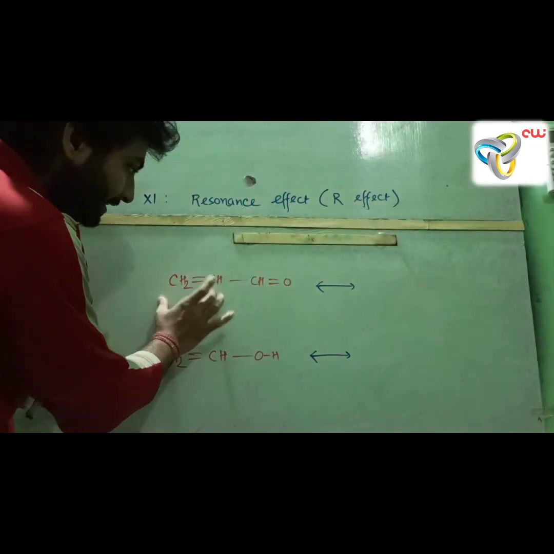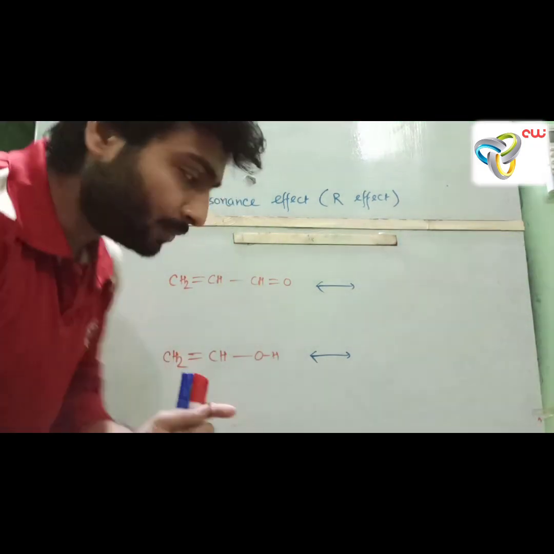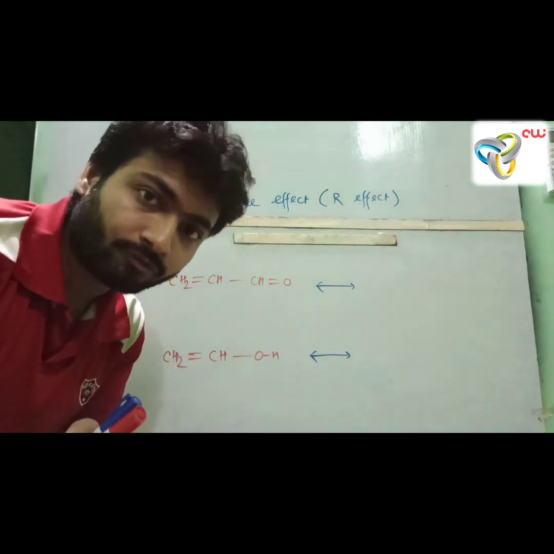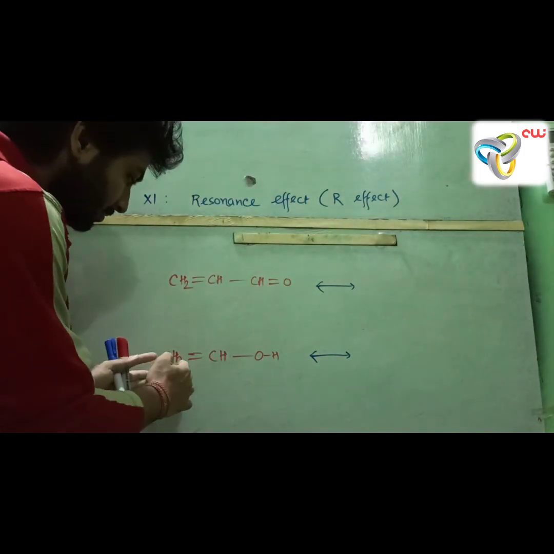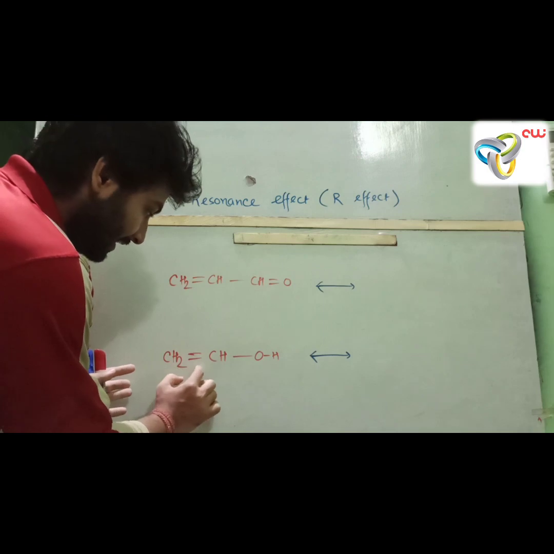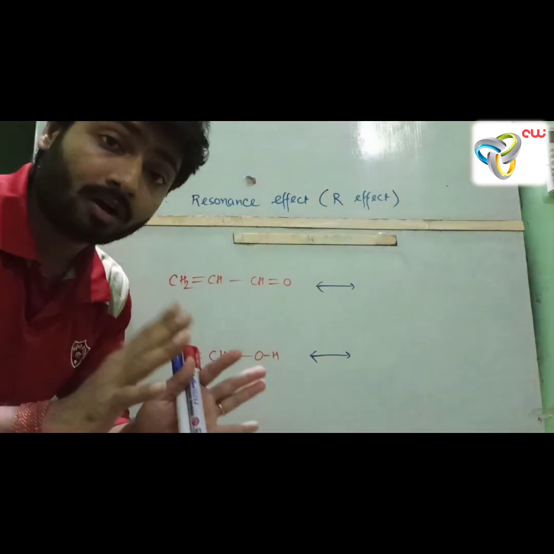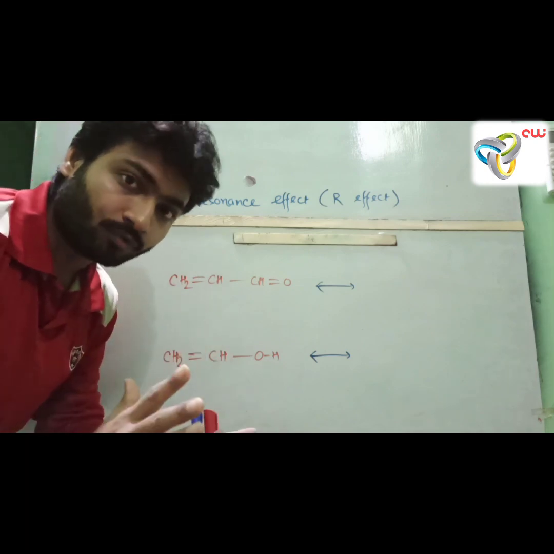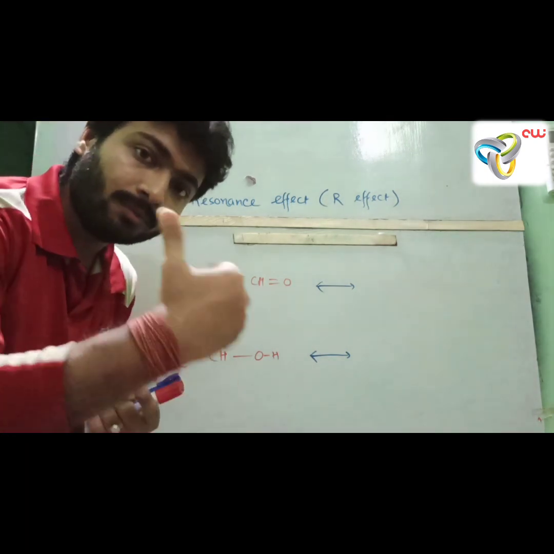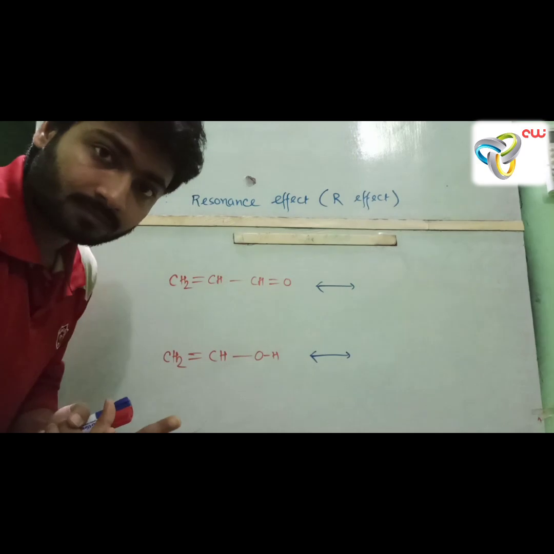Now here we are starting with this structure that will be much helpful for you. Here there is one pi bond and one sigma bond. We already said that a sigma bond doesn't move. So the only bond which will move is the pi bond.